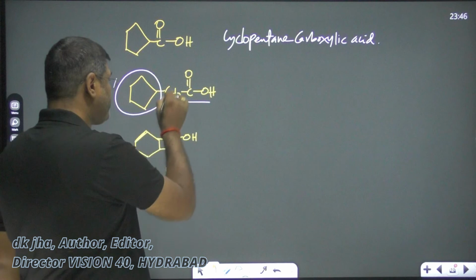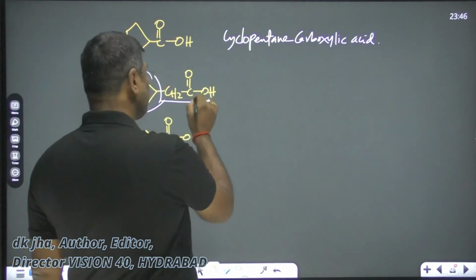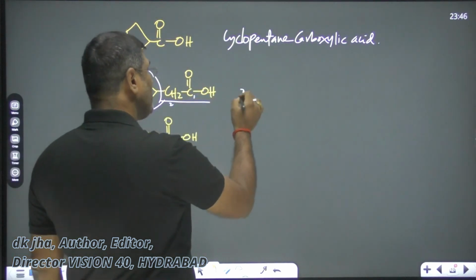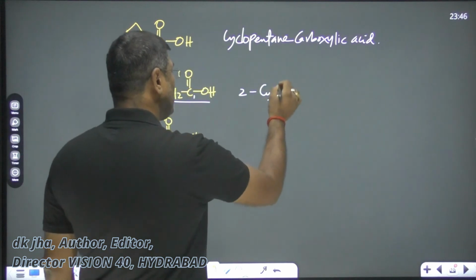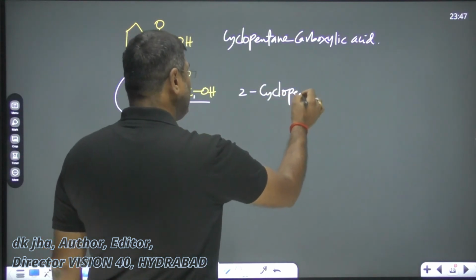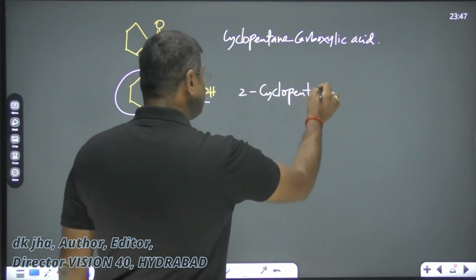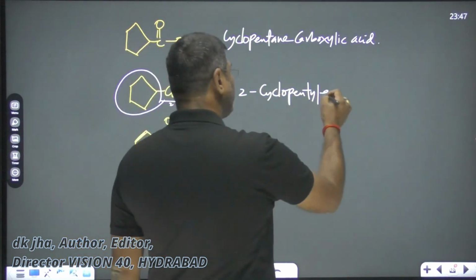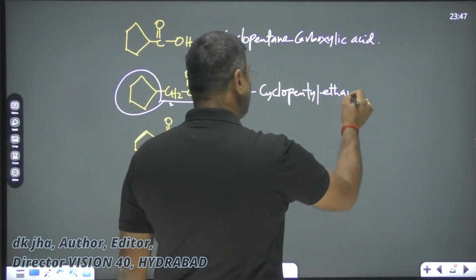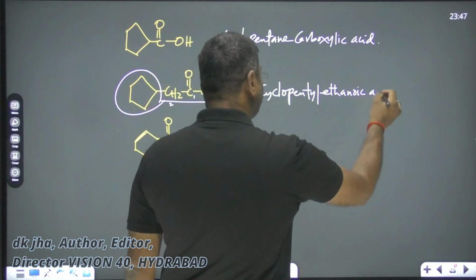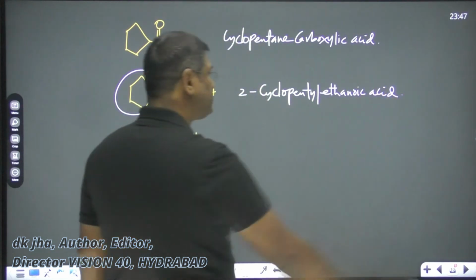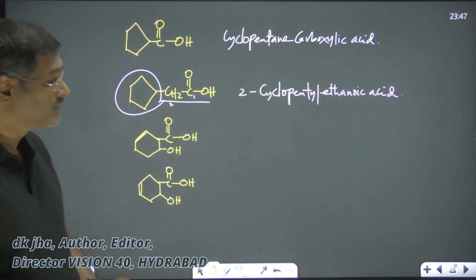The ring will be treated as a substituent, and then we say this one is 1, this one 2, and we say 2-cyclopentyl ethanoic acid. Yes, correct.